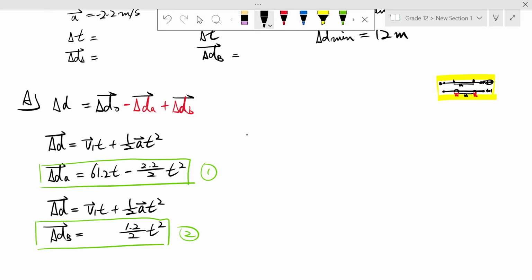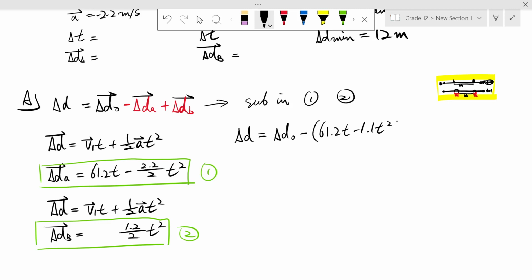Anyways, okay. Then we can sub this in. Sub in 1, 2. Now delta D will equal delta D0 minus bracket of 61.2 t minus 1.1 t squared, simplifying that a bit, plus 0.6 t squared.